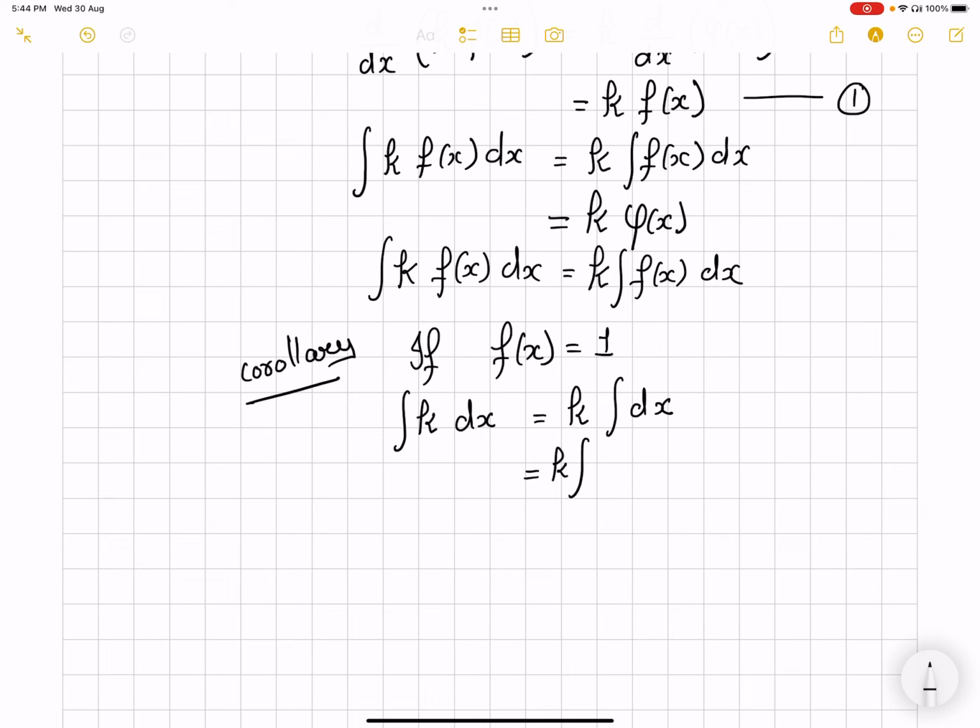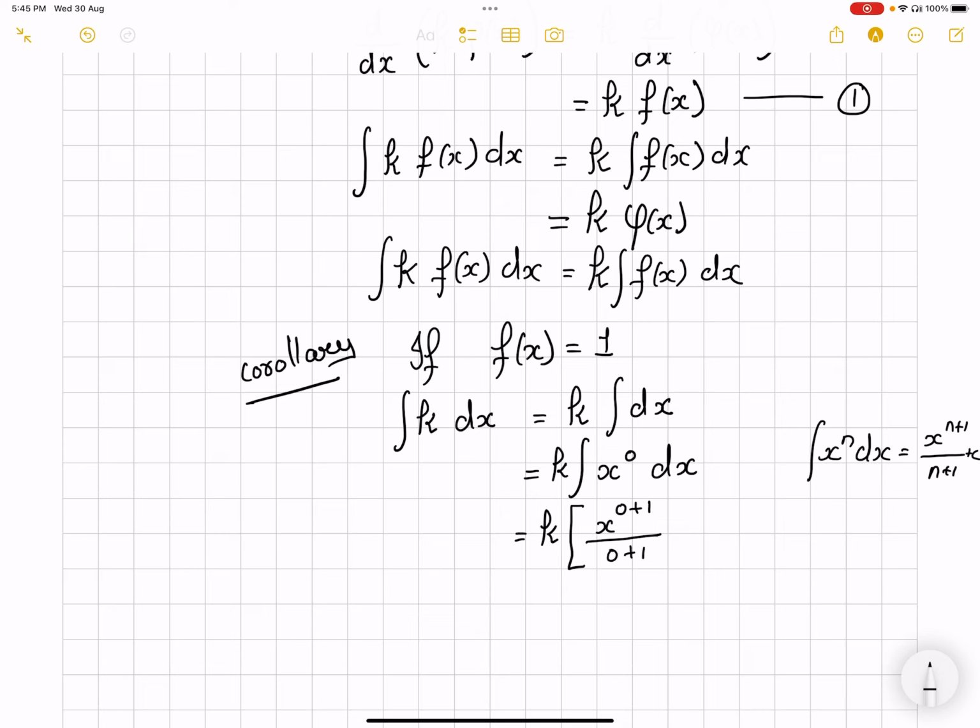When nothing is there, 1 is there, it means it is x raised to the power 0 dx. And when you integrate x to the power n, the integration formula is x raised to the power n plus 1 by n plus 1 plus c. And then here I have x raised to the power 0 plus 1 divided by 0 plus 1.